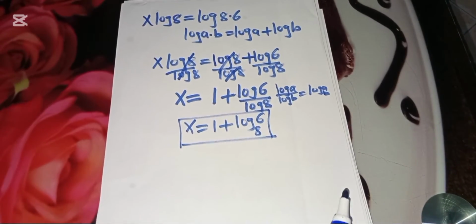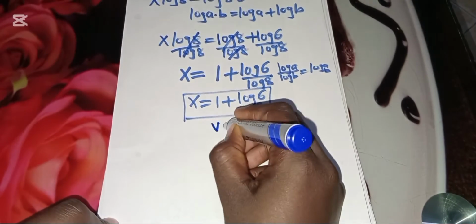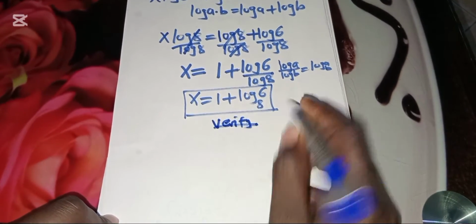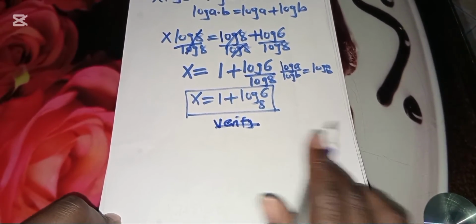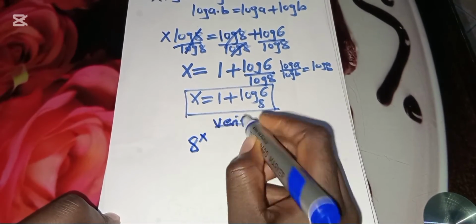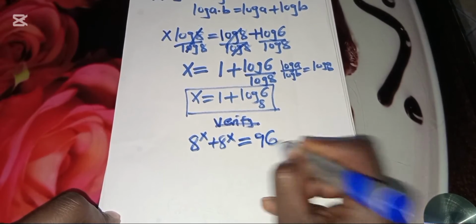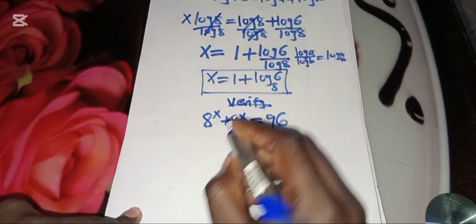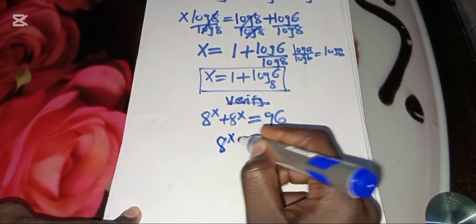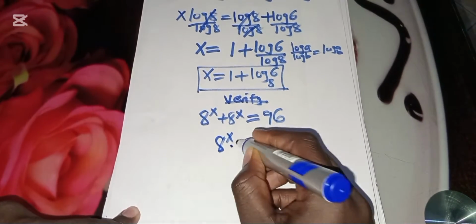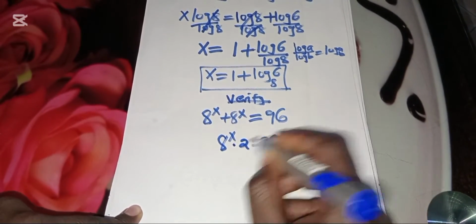So let's verify if this value of x satisfies the equation. Remember, we had 8 raised to power x plus 8 raised to power x, which is supposed to give us a value of 96. You can express this as 8 raised to power x multiplied by 2, which is 96.